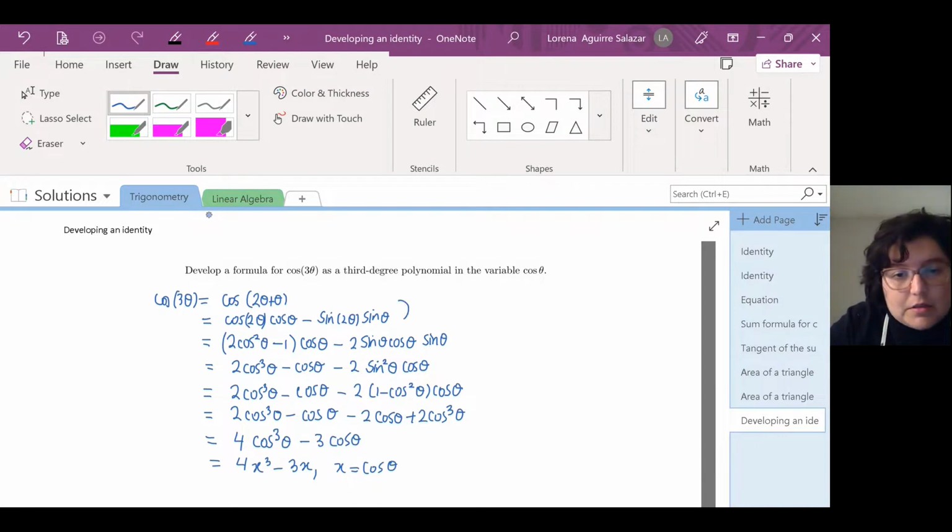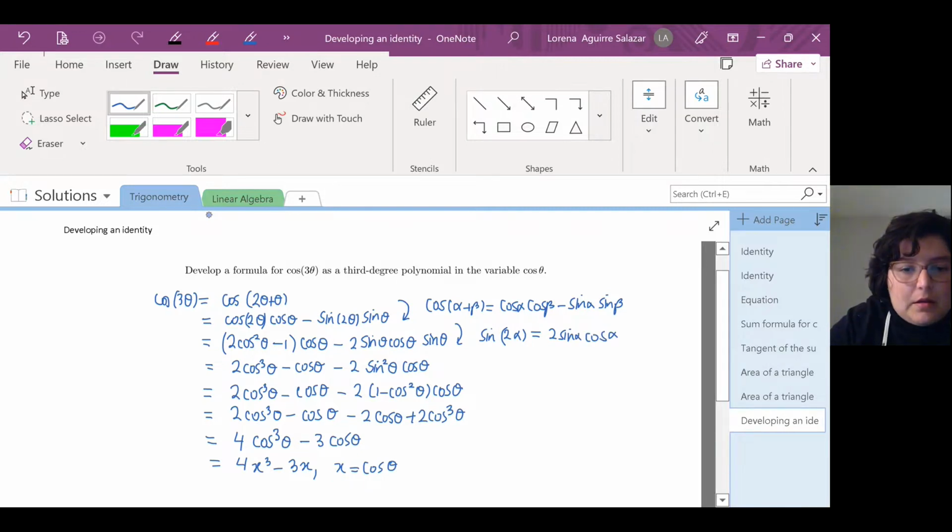Now let me just remind you what we used in the process. Here we used the fact that cosine of alpha plus beta is equal to cosine of alpha times cosine of beta minus sine of alpha times sine of beta. Then we used that the sine of twice an angle is the same as twice sine of the angle times cosine of the angle.